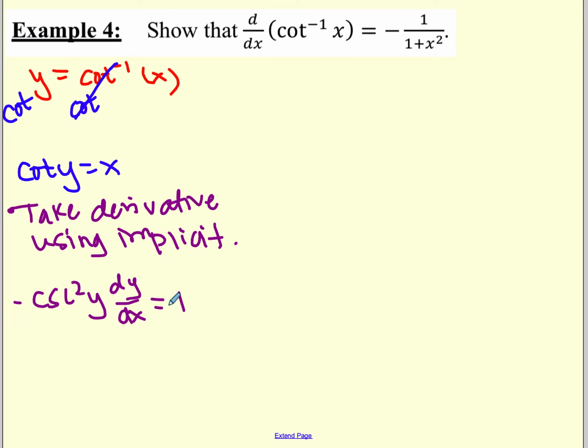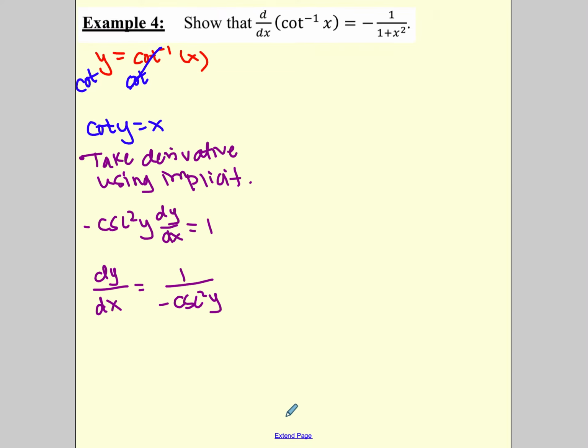Now what we must do is get dy dx by itself. So the way we do that is we divide both sides by negative cosecant squared of y. So I'm getting a little bit closer. I have this -1 over cosecant squared of y. I'm going to just do a little bit of simplifying. Cosecant, we all know, is 1 over sine.